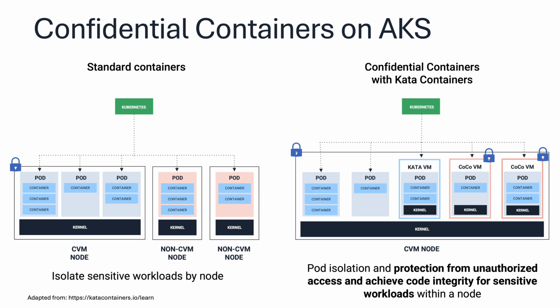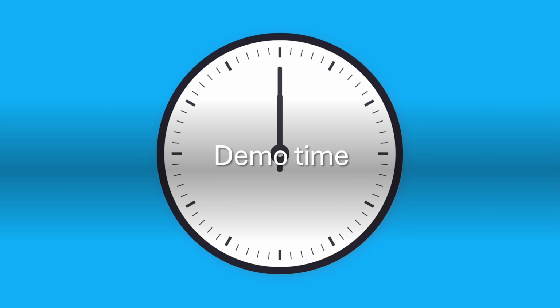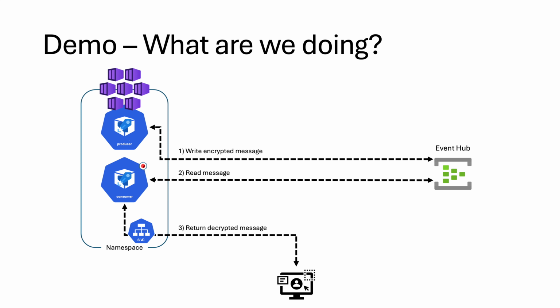On the right, the Kubernetes setup expands where some of our CVM nodes support confidential child VMs. But when we run containerized workloads in the CoCo child VM, this allows for a trust boundary where we only have to trust the utility VM, the CoCo software, our application, and the hardware platform that this TEE runs on. So let's have a look at how confidential containers works in a demo.